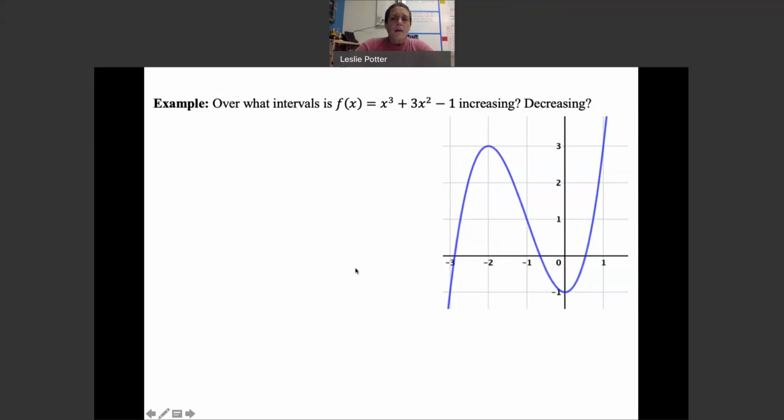And like I said, though, we don't have this, so we have to solve this algebraically. So going back to the process, the first thing we need to do is find our critical points. We know that increasing is positive derivative, we know that decreasing is negative derivative, we need this derivative. So that's simple enough. And we're going to find that derivative and find those critical points.